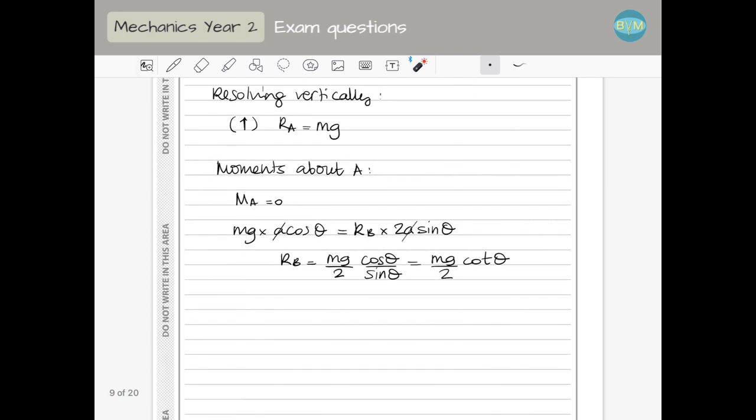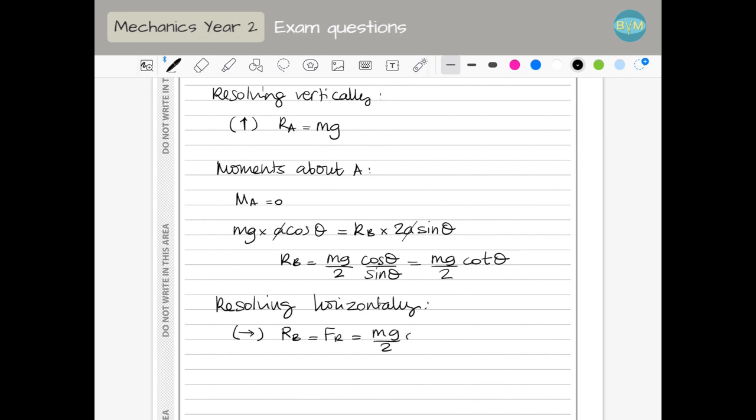Resolving horizontally, we are using everything that we can use. Resolving horizontally, force pointing right or force pointing left, which is RB, is equal to friction. So that means the friction is what we just found, cot theta.